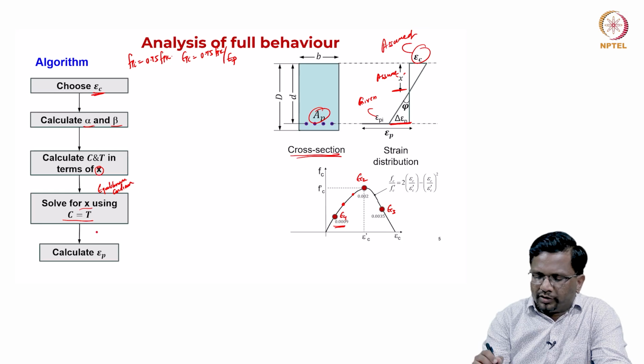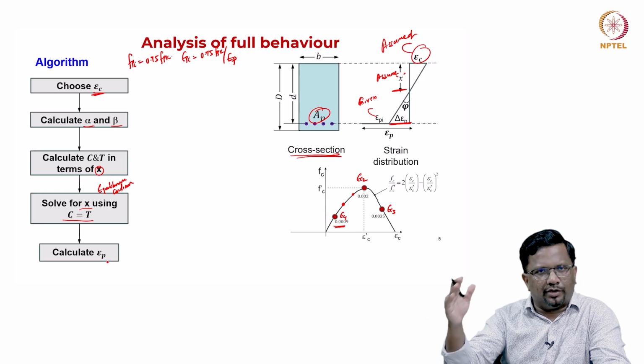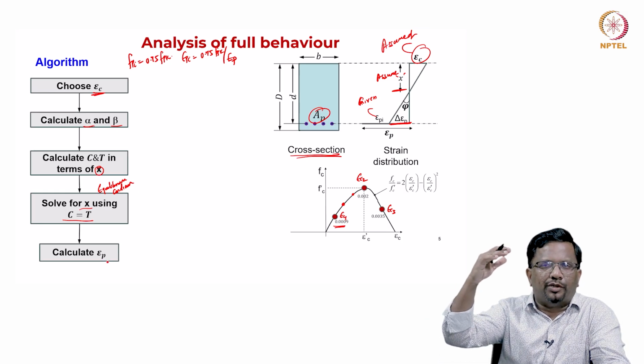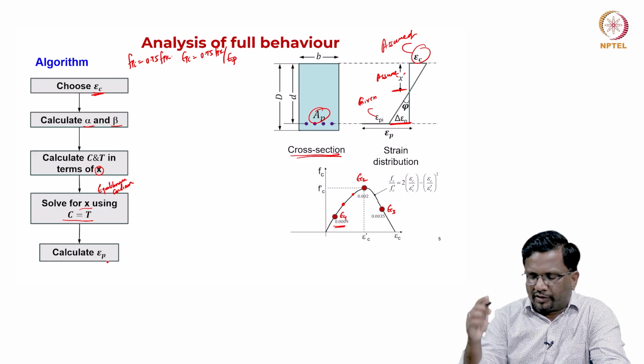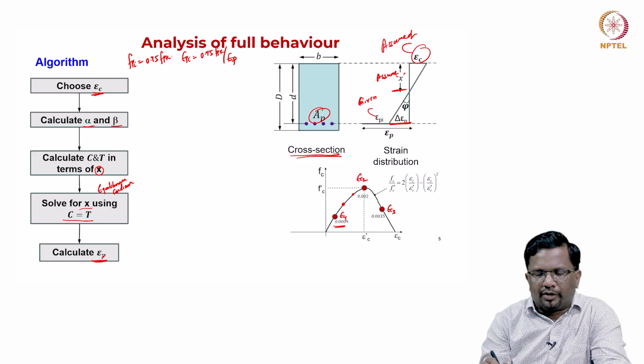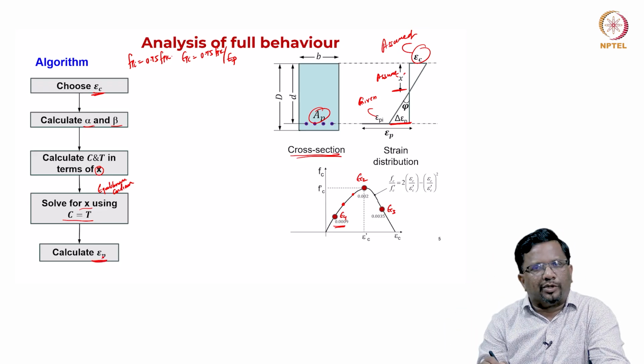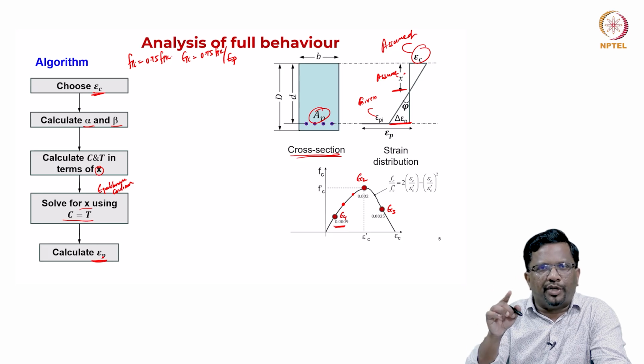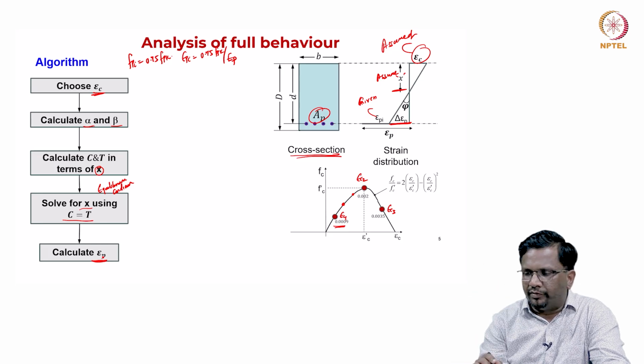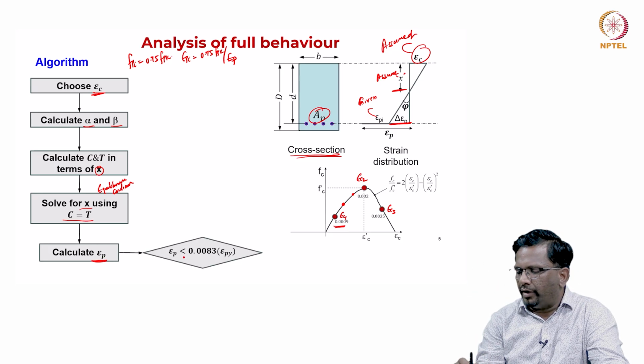So, once x is iterated to the level that equilibrium is satisfied, then you can calculate your epsilon p. Epsilon p is basically epsilon pi plus delta epsilon p, we have seen that. Then we have to see whether epsilon p is less than yield or not.